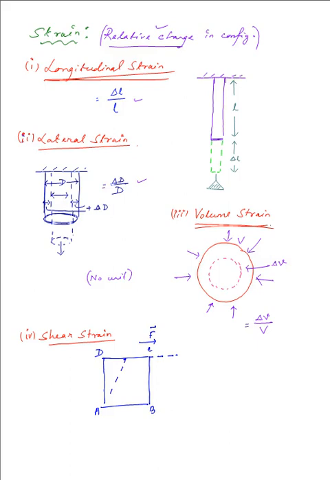In case of books, if you just drag the top surface from the initial point, and the bottom surface remains in contact with the platform, that is, it may be a table or a desk or anything like that, the top surface is shifted, and the shift is through an angle theta over there. And let this be C dash and D dash. So the shift is through an angle theta.